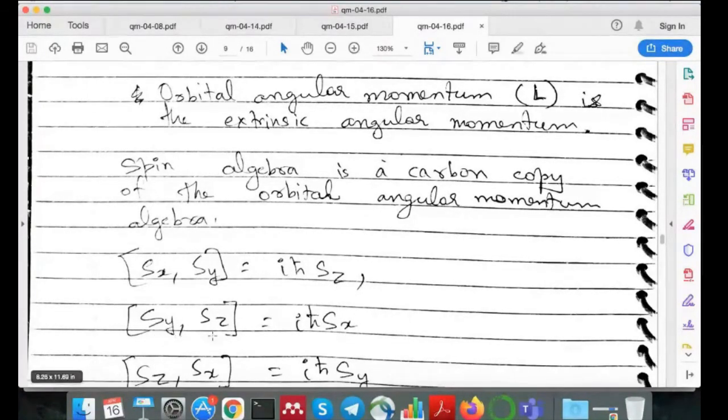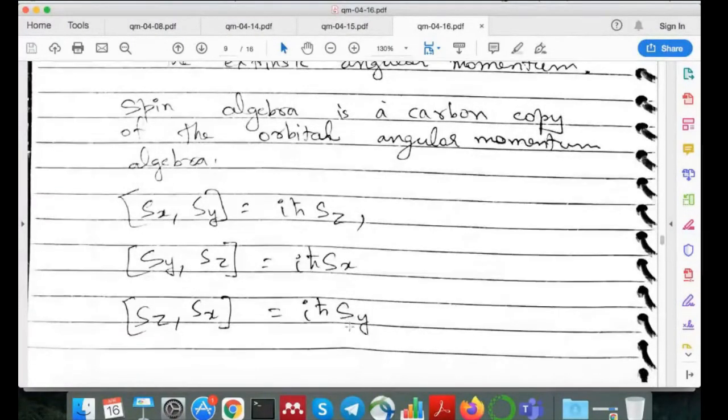Commutator of Sy with Sz gives you iħ Sx. Commutator of Sz with Sx gives you iħ Sy. So same kind of formulas we had for orbital angular momentum as well as spin angular momentum. The formulas are very same, just that these variables correspond to the spin variables.